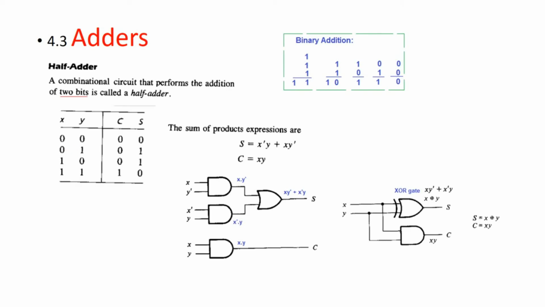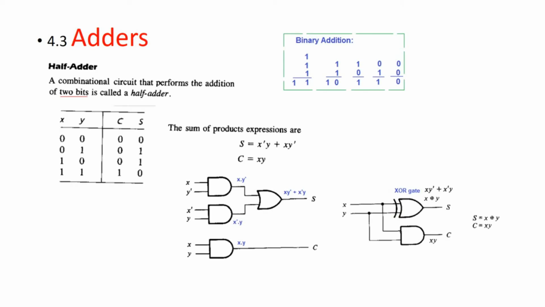So outputs are different, and then this can be implemented by an XOR gate. So this function, you see here also X dash and this is Y, that means 0 and 1, and here it is 1 and 0. So we can represent this by an XOR gate.